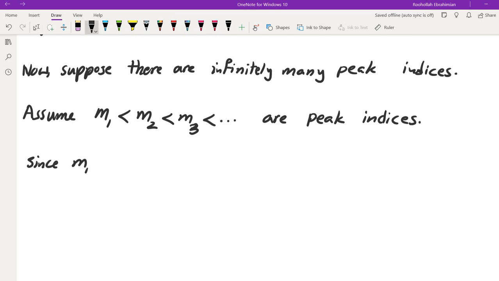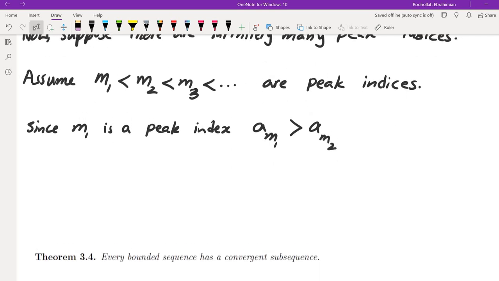Since M1 is a peak index, A sub M1 must be more than A sub M2. Why? Because a peak index gives you a term whose value is more than everything after that. So that means A_M1 is more than A_M2.